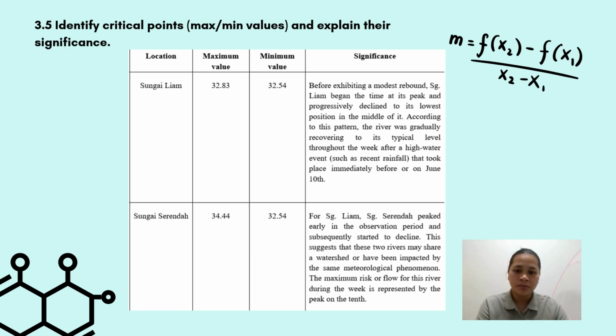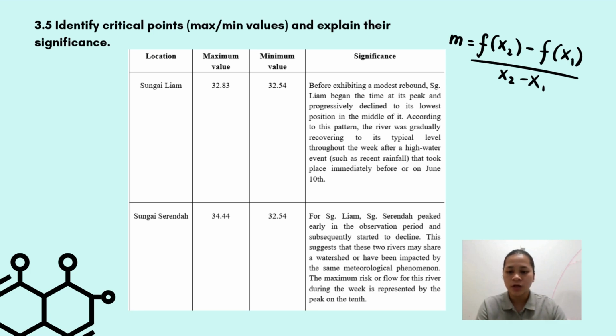Sungai Liam began the time at its peak and progressively declined to its lowest position in the middle of it. According to this pattern, the river was gradually recovering to its typical level throughout the week after a high water event, such as recent rainfall, that took place immediately before or on June 10.